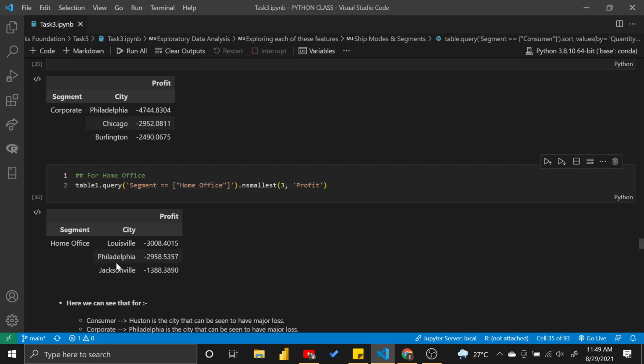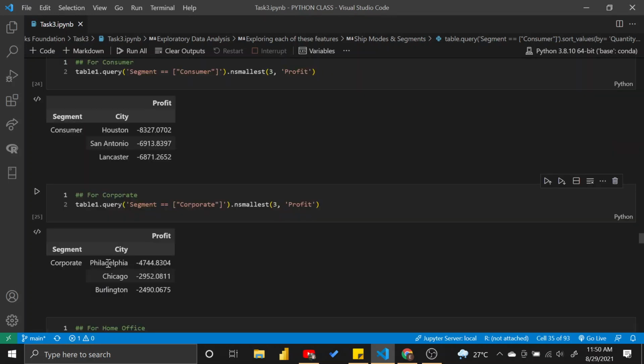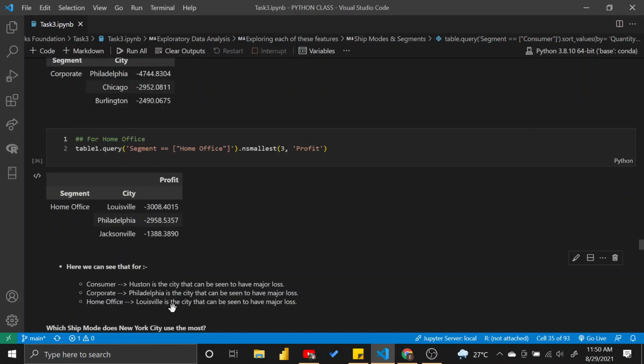I can understand why corporate is not preferring Philadelphia, why consumers are not going to Houston, and why they are preferring New York in that sense. Those are questions that you can ask your marketing agents as well, so you can get more idea about that.